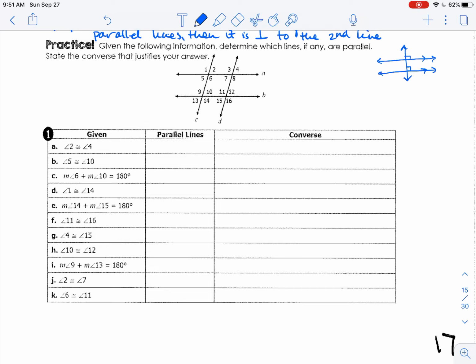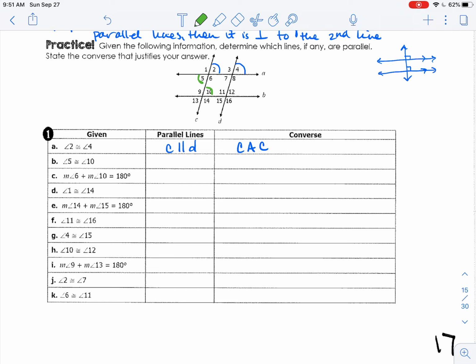If I know that angle 2 is congruent to angle 4, I can say that line C is parallel to line D because of the corresponding angles converse. Angle 5 is congruent to angle 10. So let's see, 5 and 10.